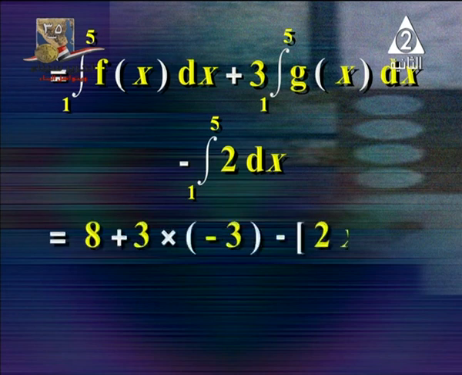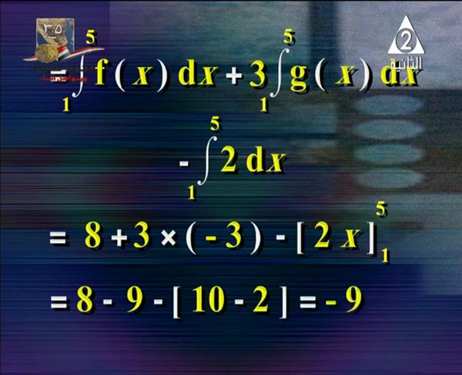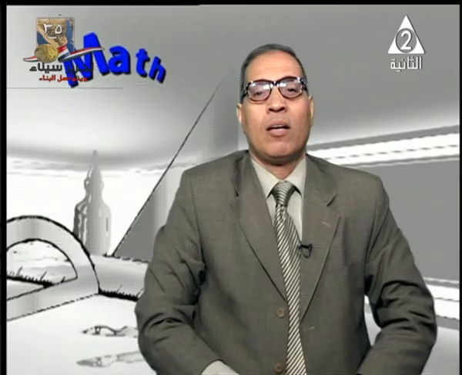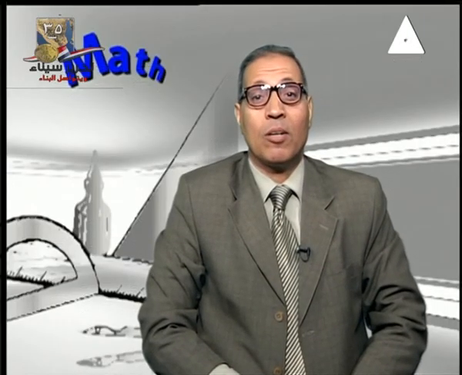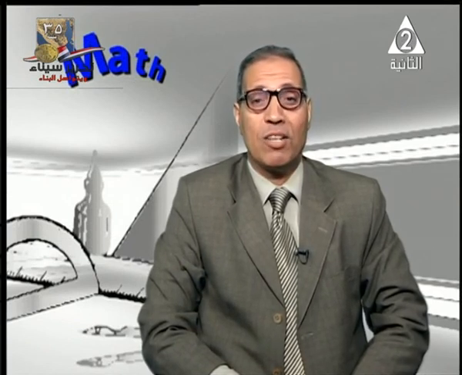The first equals 8, the second equals negative 3, integration of 2 with respect to dx equals 2x from 1 to 5. By substitution, x equals 5 and x equals 1. Answer is 8 minus 9 minus bracket 10 minus 2. Answer is negative 9.